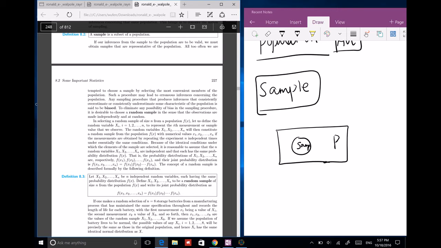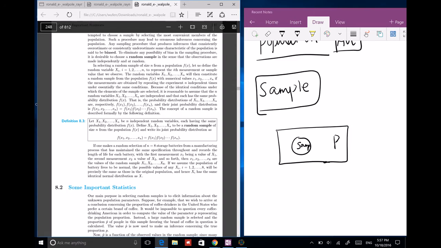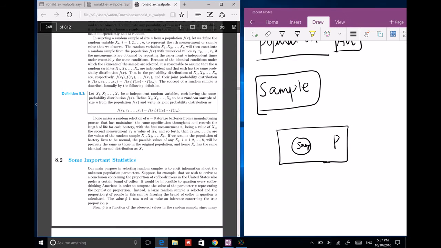But it is much better to do random sampling, choosing a group of people to represent the whole population. Random means you select one, then another, with no rules, so it's all random.